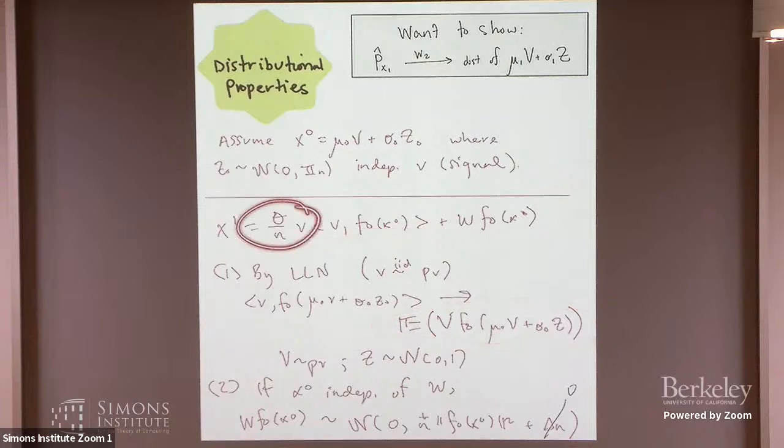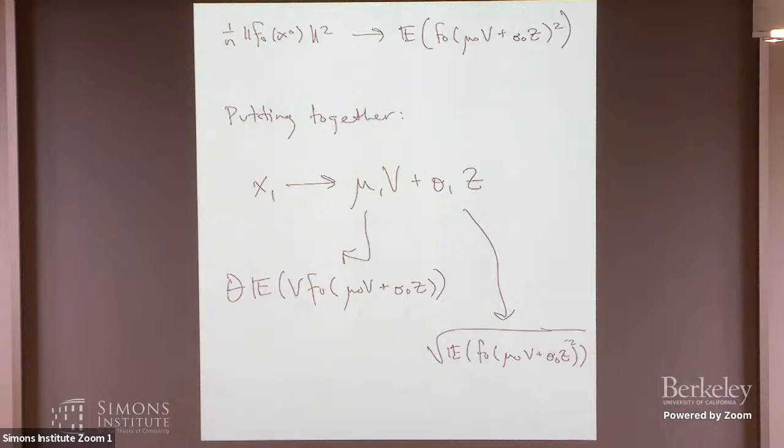So now we have x1 is equal to our true signal plus, theta times the limiting expectation. This gives us the first term, where the mu is that guy.